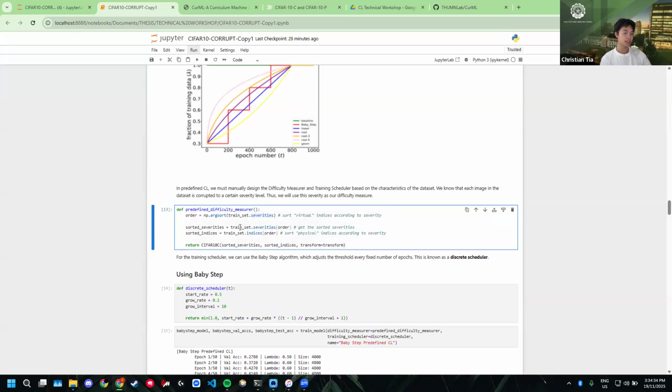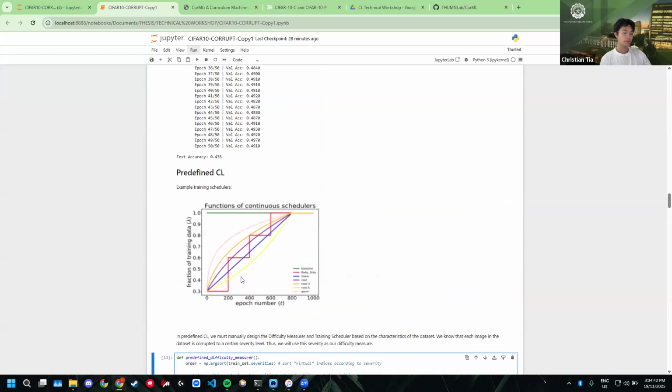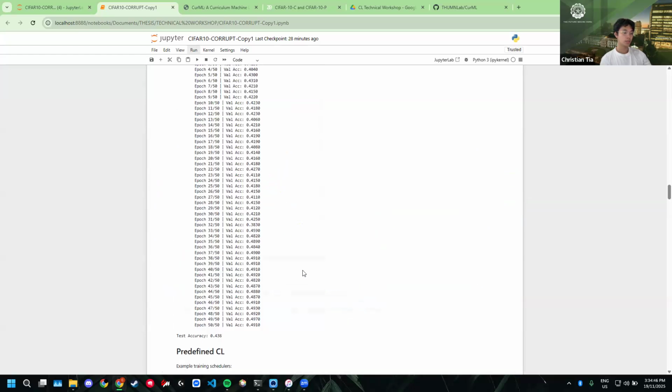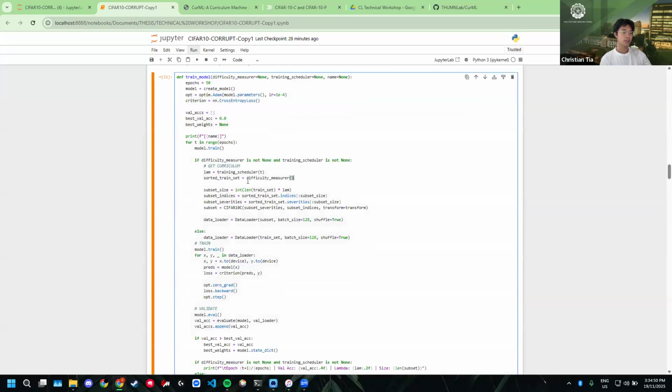Since we know that the data set has varying severity levels that we can use as a measure of noise or difficulty, that's what we're going to use as the difficulty measure. So all this function does is return a data set where the entire train set is sorted according to severity. Since the train set is now sorted and we know the proportion we want, we can just cut into that first slice of the sorted train set to get our proportion of easiest examples, since it is sorted, right?